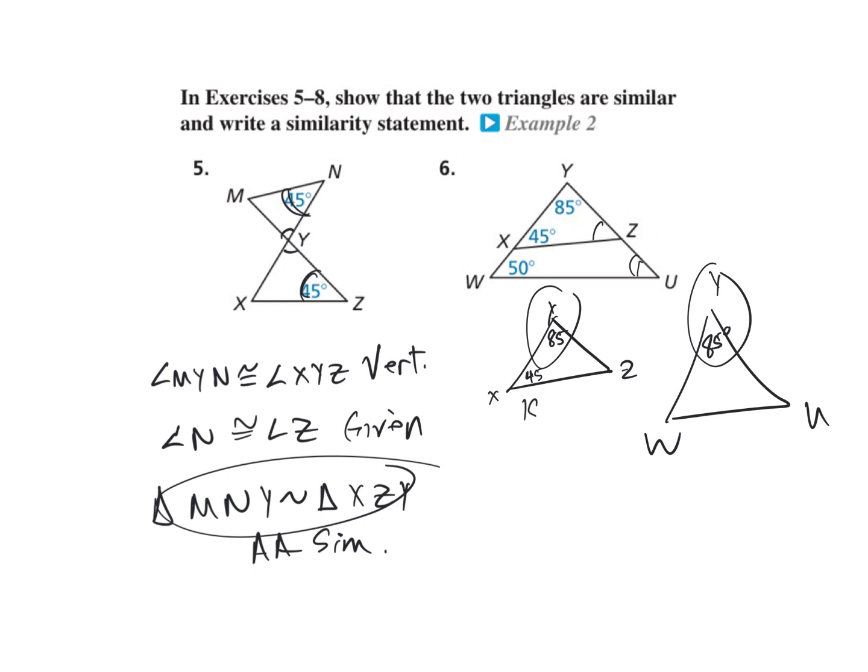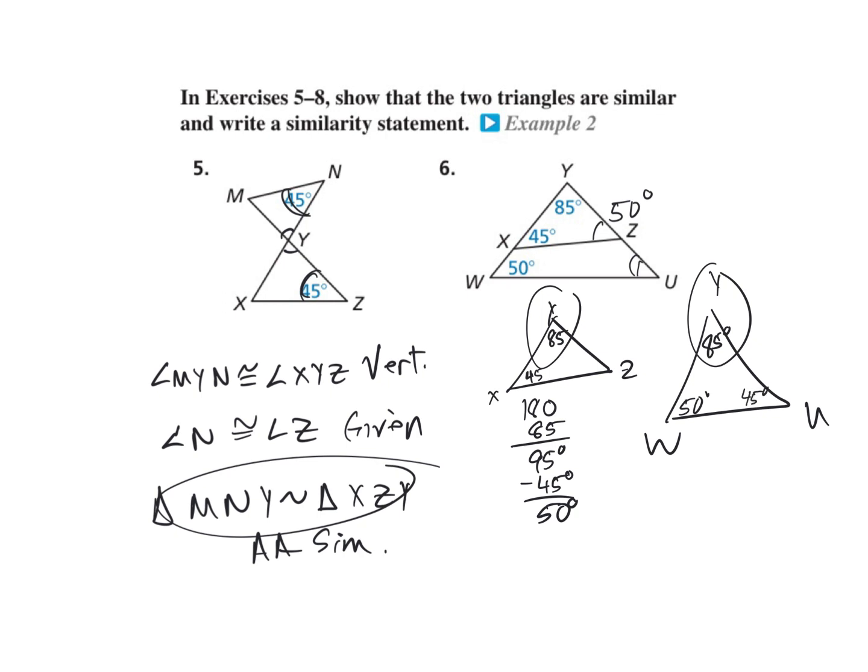So 180 degrees in a triangle minus 85 is going to be 95 degrees, and then subtract the 45, and that gives us 50 degrees. So angle Z is 50 degrees, and if that's 50 degrees, you have 85, 50, and 45. Here we have 85 and 50 at angle W, which means this must be 45 over here.